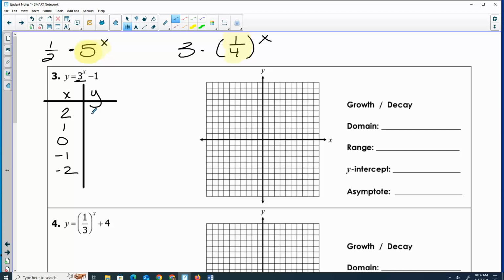All right, so if I plug in a 2, Esther, what do we get if we put 2 into our equation? 9, and then there's a -1 on the end. So 9 minus 1 will give me 8. So (2, 8).